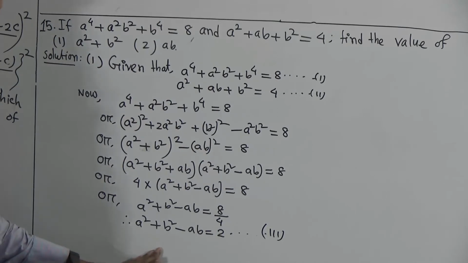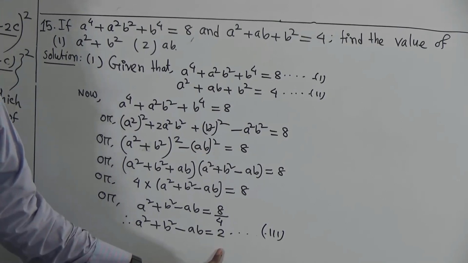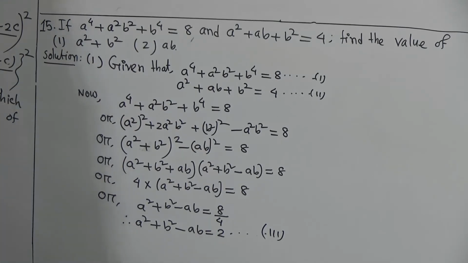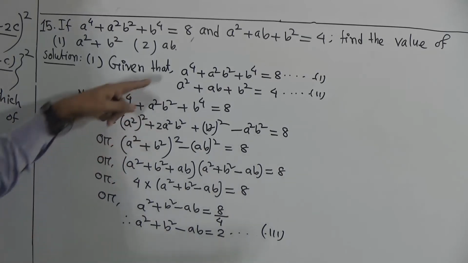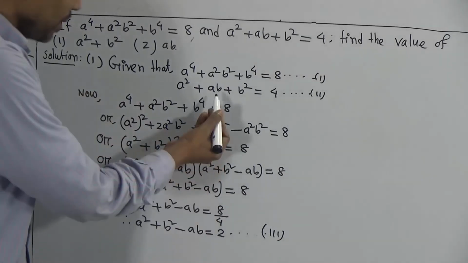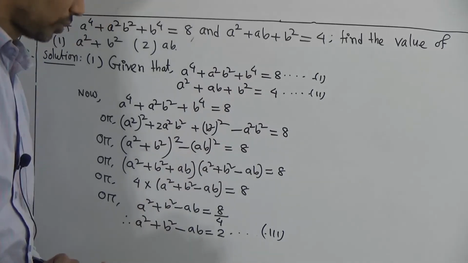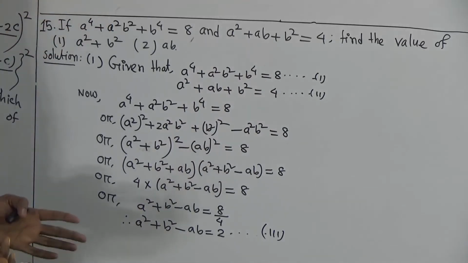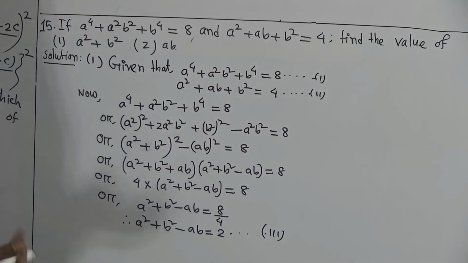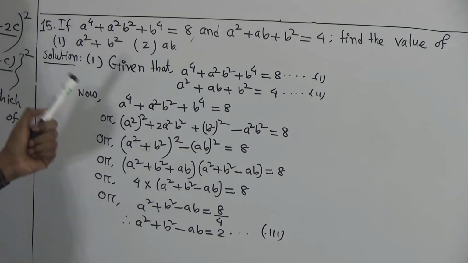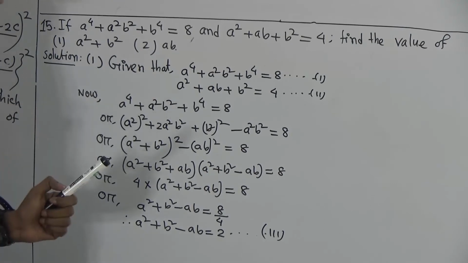We are given that a square plus ab plus b square equals 4. Now we add equations 2 and 3. Why are we adding equations 2 and 3? Because we have to determine the value of a square plus b square.